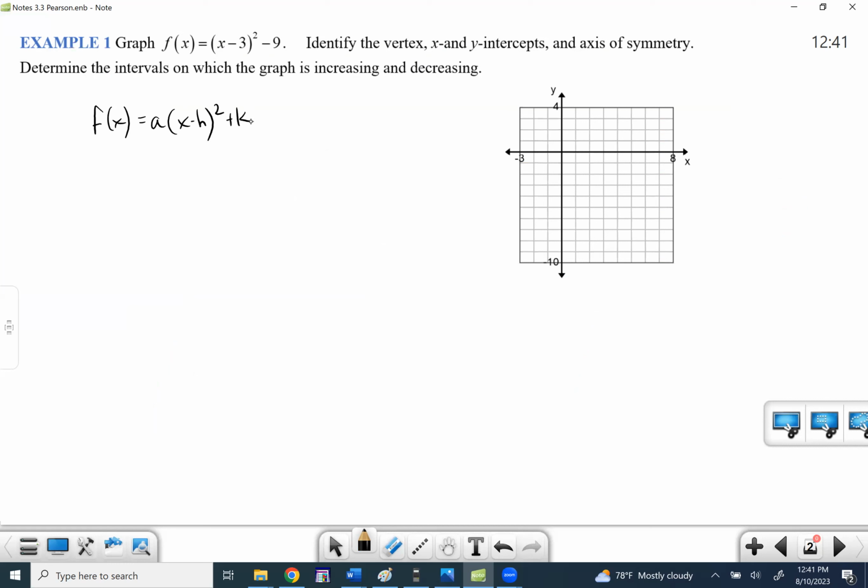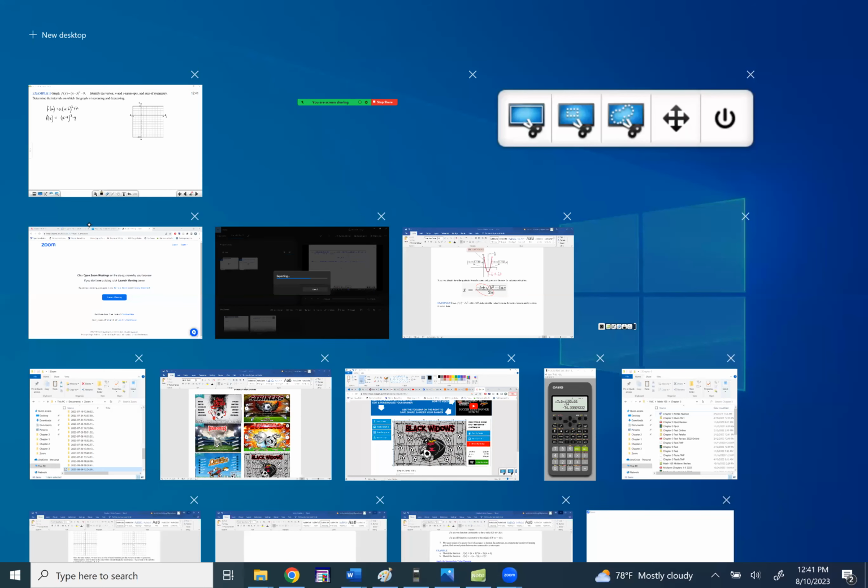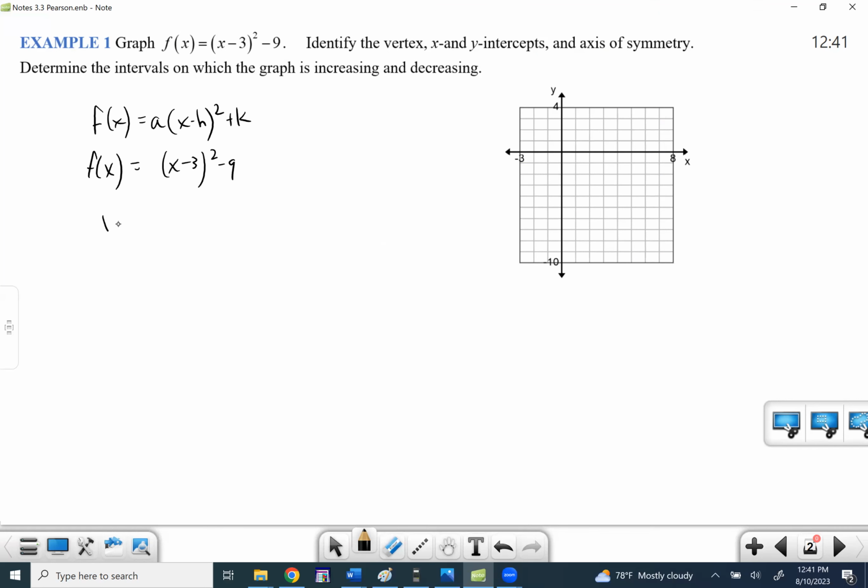You can see that this is in vertex form. The vertex would be the quickest thing to find. So the vertex is going to be at +3, -9.